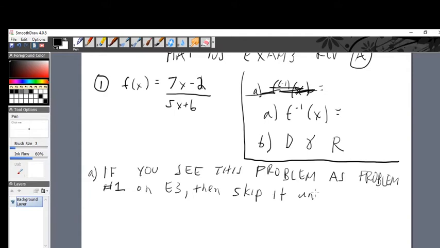Until the end, and then go back to it. But don't spend so much time on it at the beginning, because I'm afraid it'll eat away at the problems that are much more easy to handle. So that's a simple strategy.